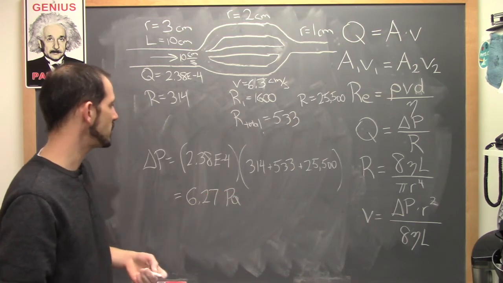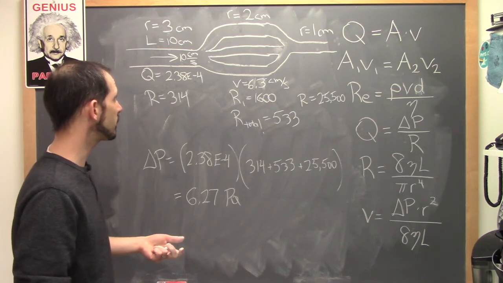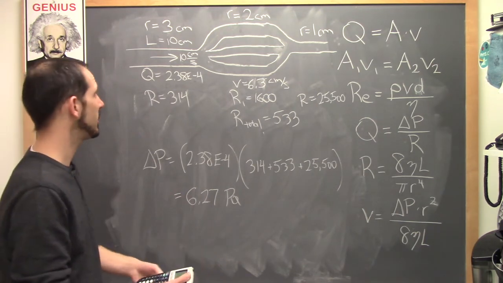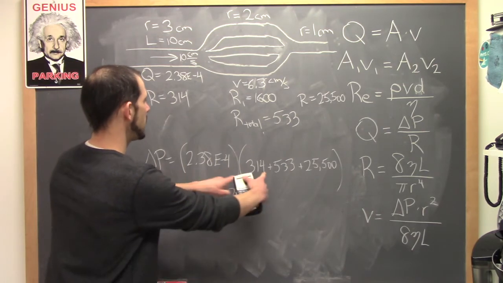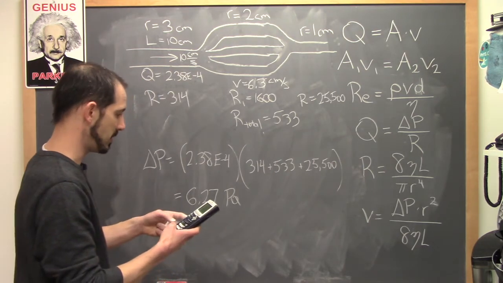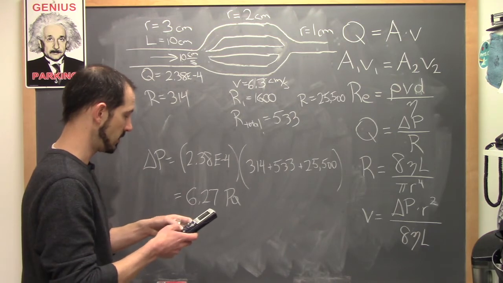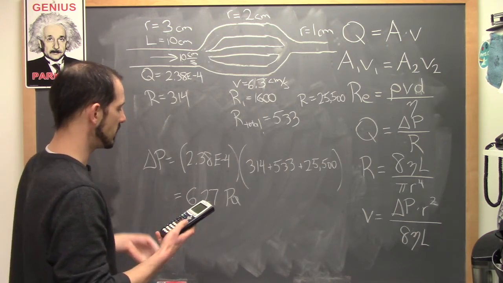So that's how much pressure we need to get through these pipes. And we can look at each of these sections as taking different amounts of pressure. So this Q value times the 314 would say, how much pressure does it take just to get through this first pipe? So 2.38 10 to the minus 4 times 314. We find out that it's only 0.07.